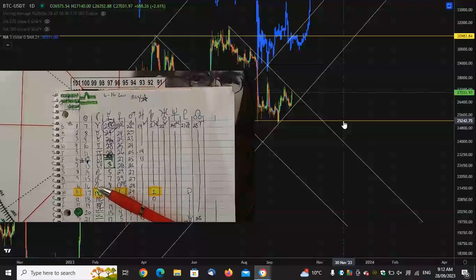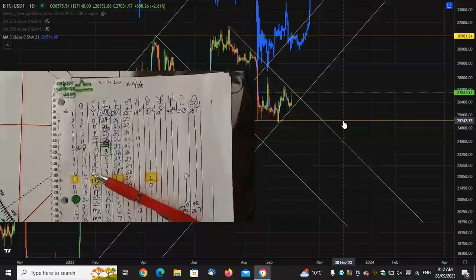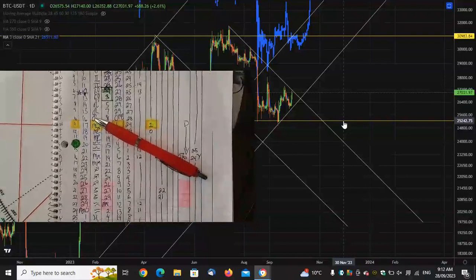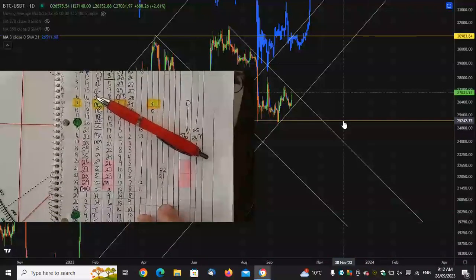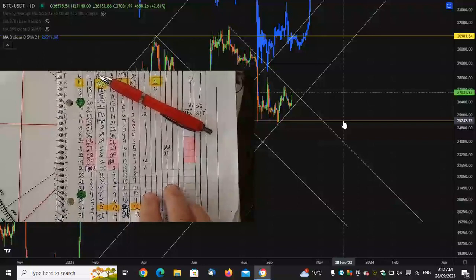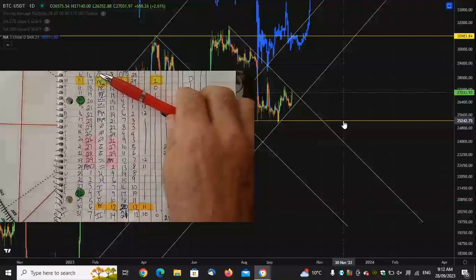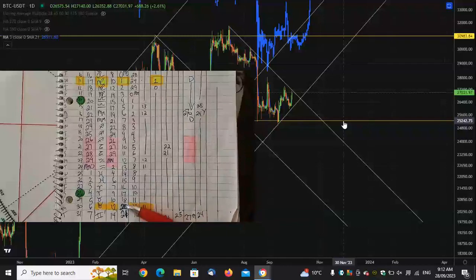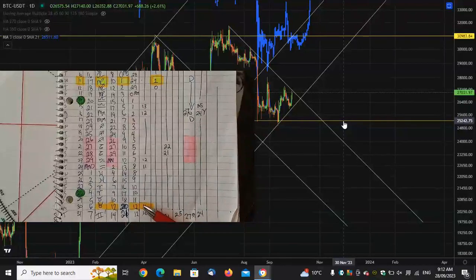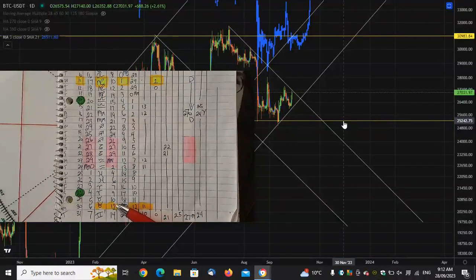All right. So further to that, I wanted to show you why I felt the 29th would be an area where we would see the top come in. This is important. Here comes our old friend, Jupiter. That's right. It's making a conjunction or a square opposition with Mars.